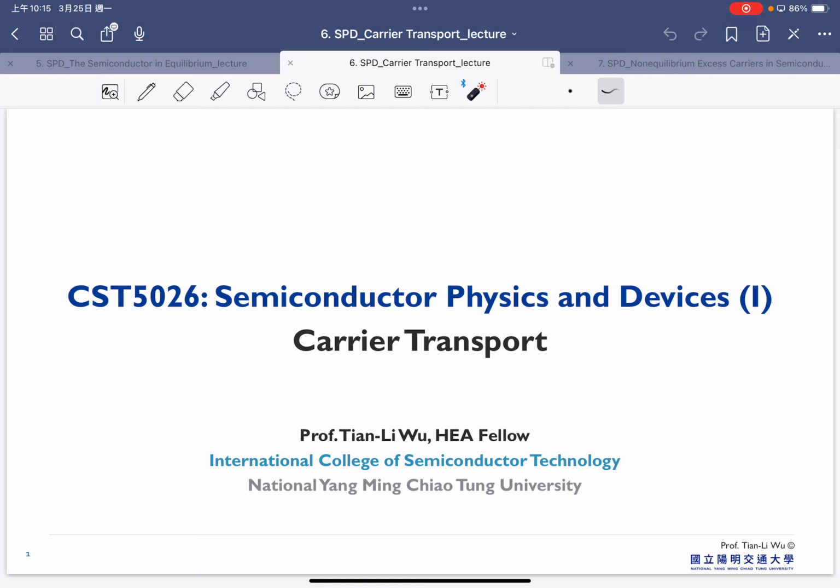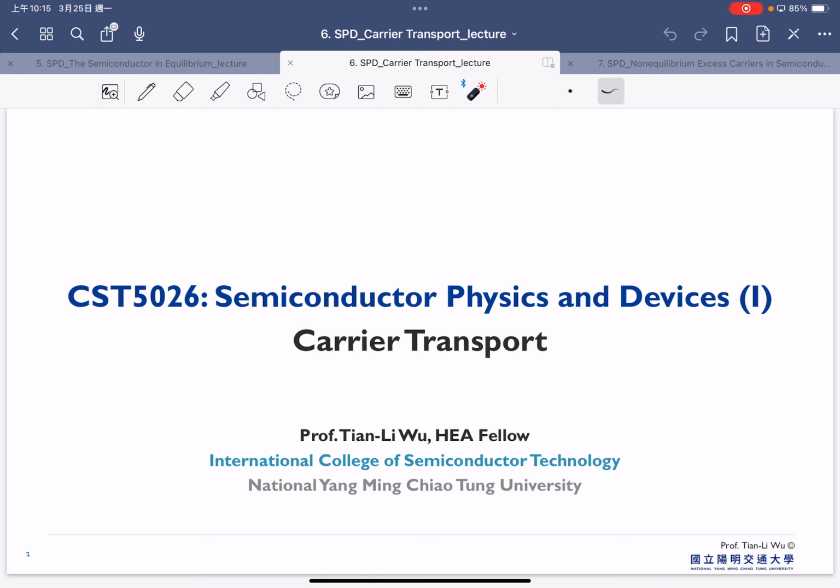We need to apply some statistics, and we also have to consider the Fermi energy and the Venn diagram. But there's still another set of basic knowledge we haven't talked about, which is how carriers are transported. The previous chapter was mainly about calculating the concentration of carriers.